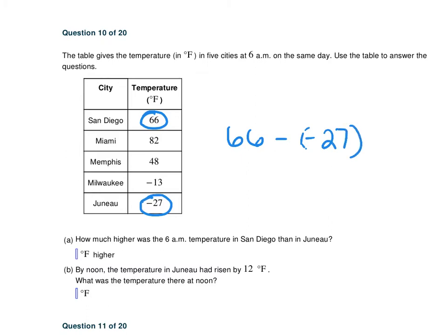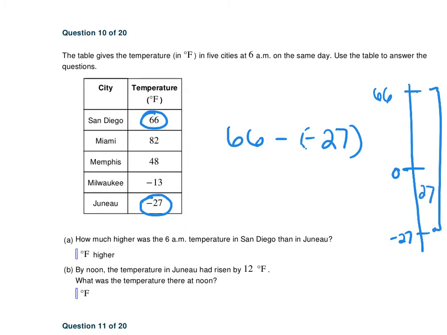And if you think about it, think about your thermometer. If here's the middle at 0, Juneau's down here at negative 27. San Diego's up here at 66. I have to find this distance from 66 to negative 27. Well, from 27 to 0, that's 27 degrees. And then from 0 to 66, that's 66 more degrees.